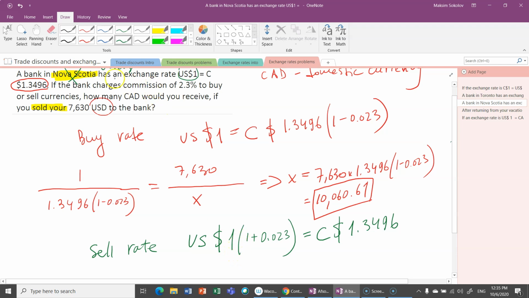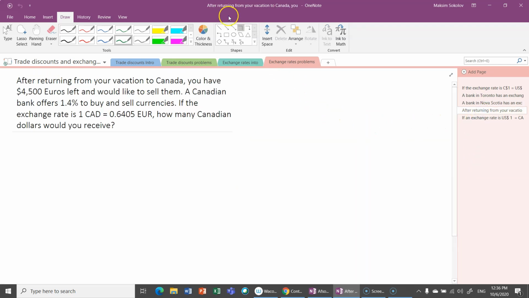So in this case, if the bank is not in Canada but in the US, the buy rate becomes the sell rate, and also the side matters, right? So the domestic side has to be affected by the commission. Let's go to the next problem.